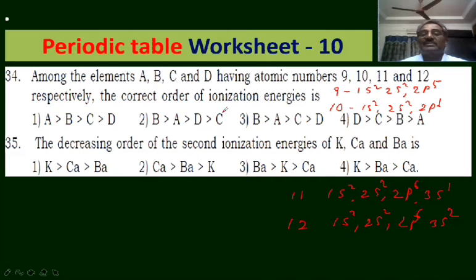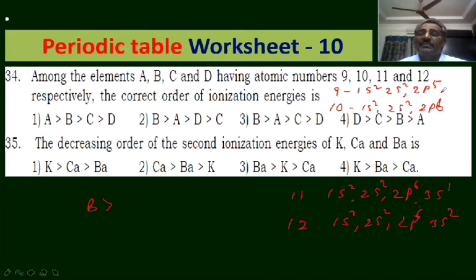What is asked here? The correct order of ionization energies, where the values are given in descending order. So we need to find the element with the highest ionization energy. The element with completely filled orbitals possesses the highest ionization energy. So the element with atomic number 10 possesses the highest ionization energy. So the first one is B greater than. Second one is A, 2s2, 2p5, versus 3s1, 3s2.